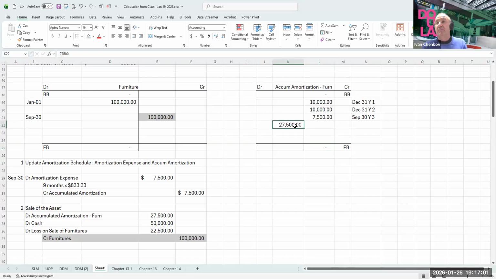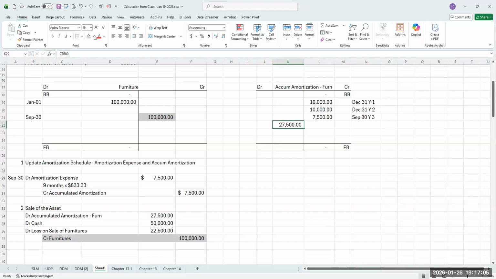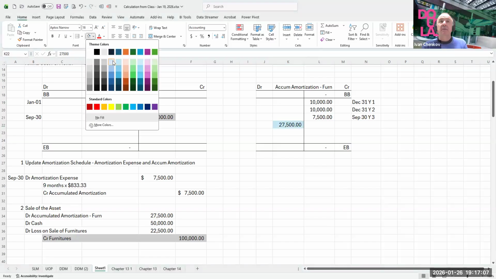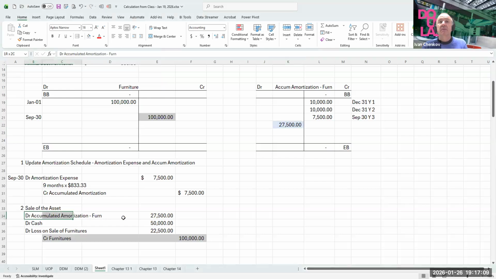By debiting the same balance, correct? So that's what I'm doing. I'm debiting the same balance, accumulated amortization. Once I do that, I'm eliminating the accumulated amortization; it is zero. Once I credit the furniture, the furniture account is zero.